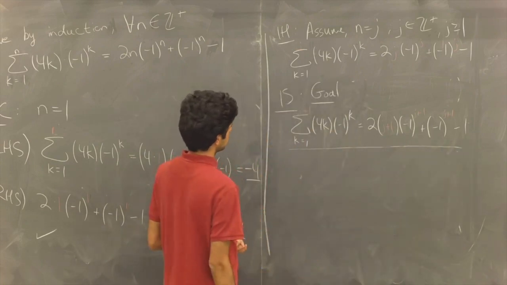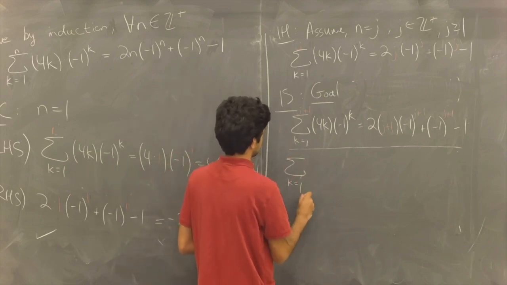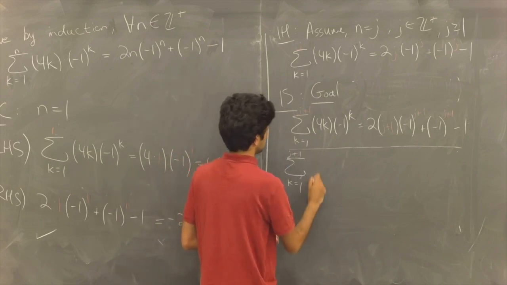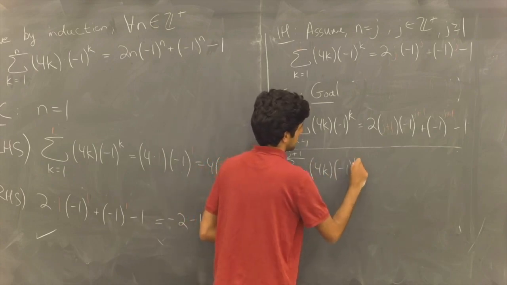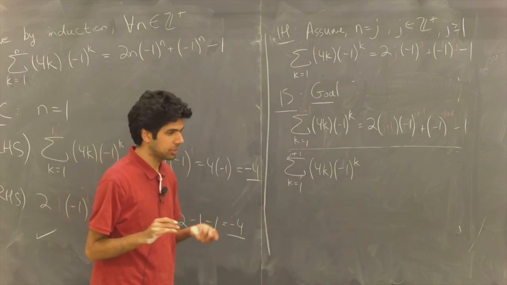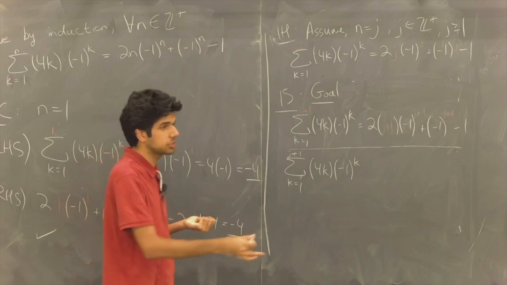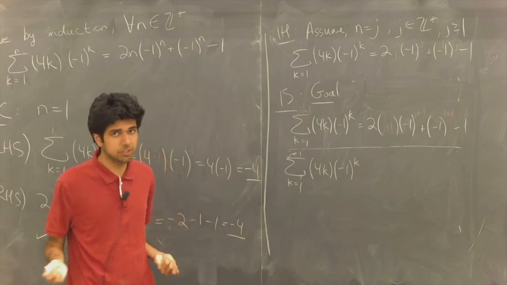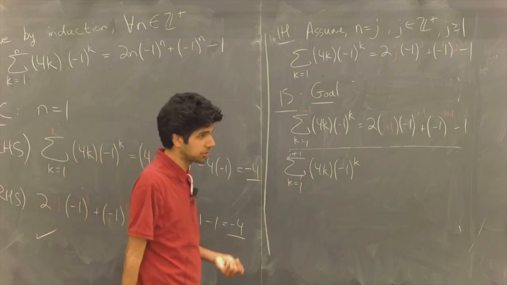So what do I have to work with? Let's just work with the left-hand side. There are two things you should be having in mind right now. A, we needed to show that implication, that P of j implies P of j plus 1, is true.